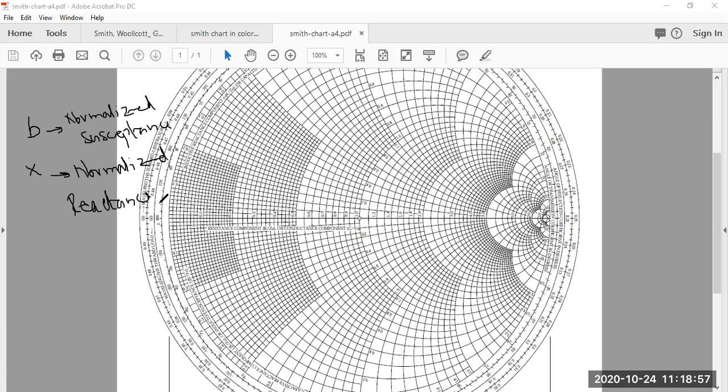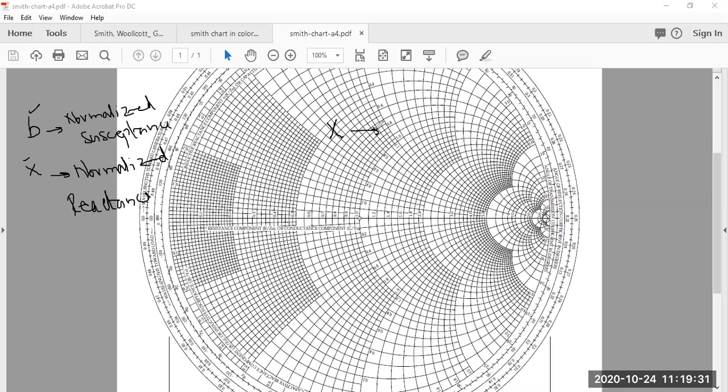Now, before I move to the next session, because we just have 2.5 minutes remaining in this slot, this is something basic which you might have learned in your basic electrical engineering: if B or X is given to you, how will you find whether it is a capacitor or inductor? We know that for an inductor, reactance is positive.